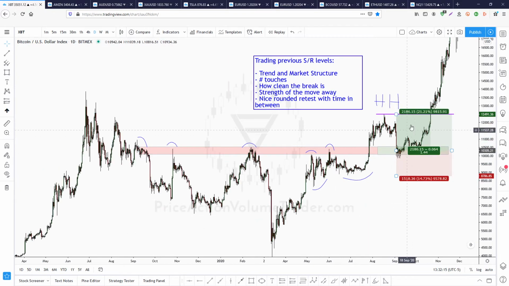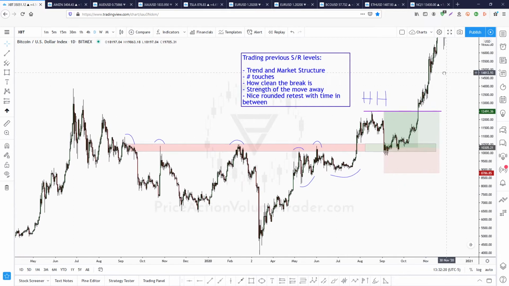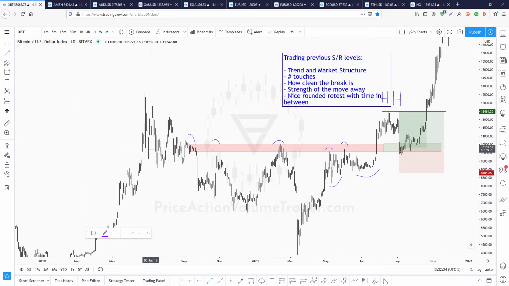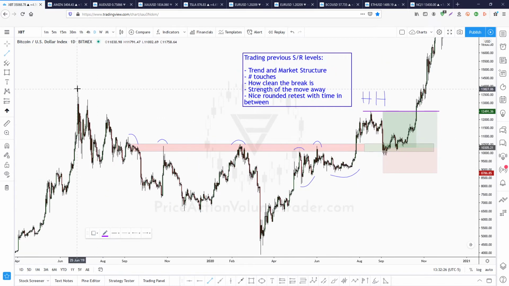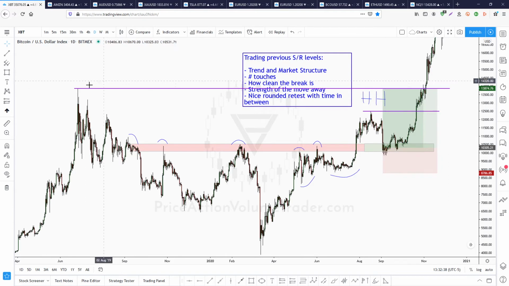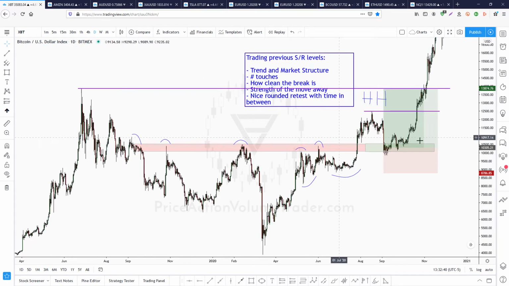But like we said, if we expect this to continue its upward trend, we can target previous highs before this one, which in this case would be these previous highs here. So we could even close part of our trade here and leave the rest to run, or we can just hold to have a bigger objective, in this case, a previous high.